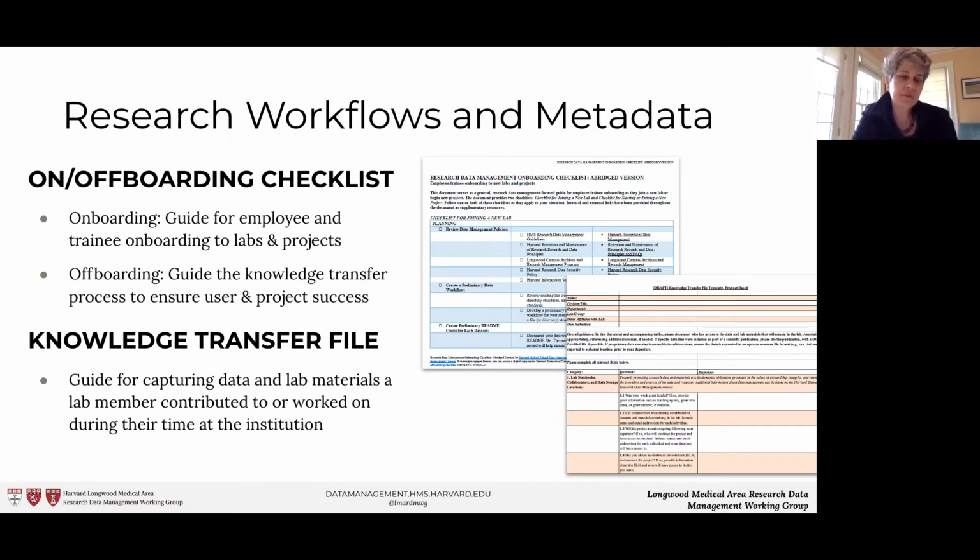So we have a very big project that's gone on for more than a year now in this subgroup on research workflows and metadata, where we first developed onboarding and offboarding checklists that can be used as you join a lab, as you start a project, and then as you leave a lab.